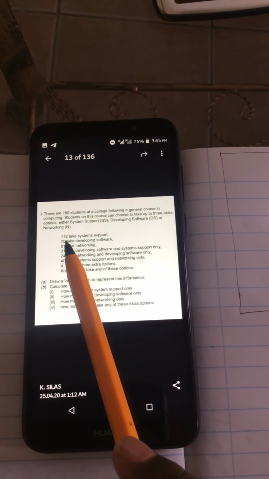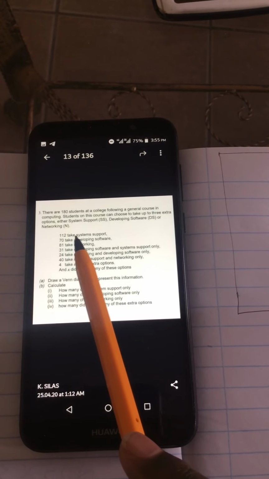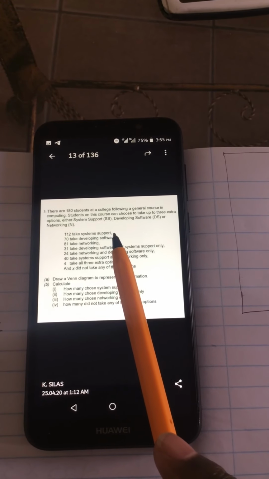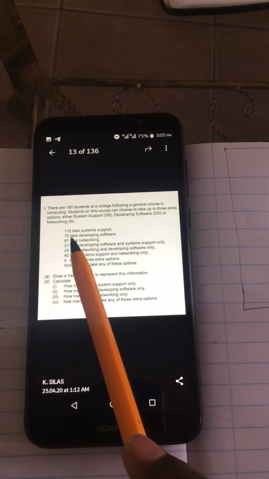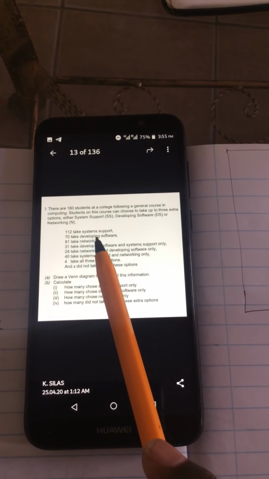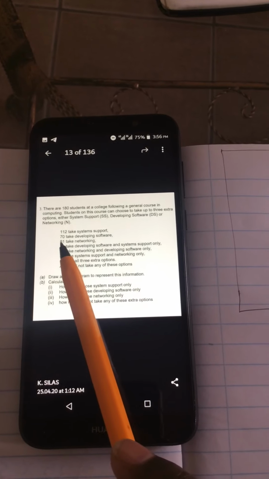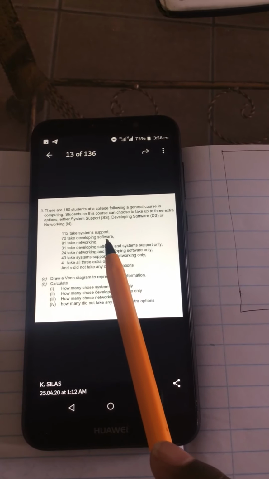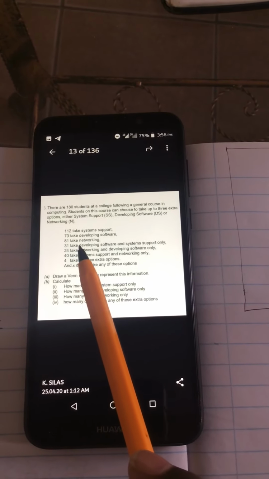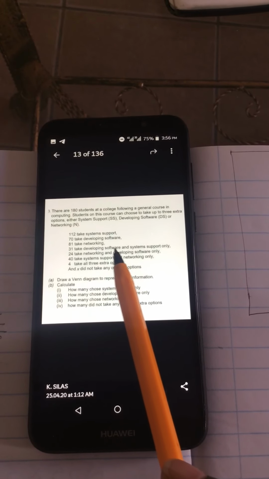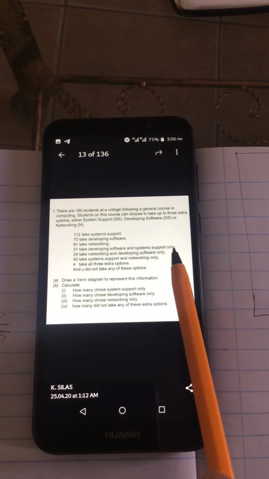So they say 112 take system support, 70 take developing software, 81 take networking, 31 take developing software and system support only.